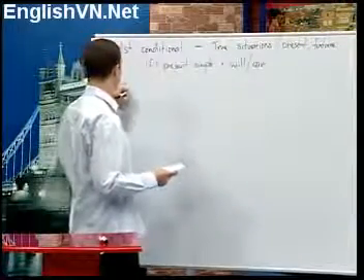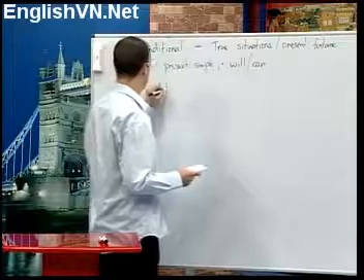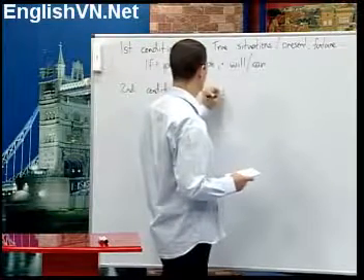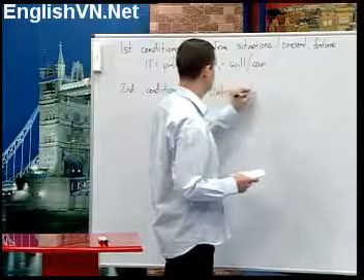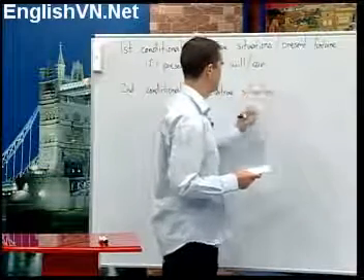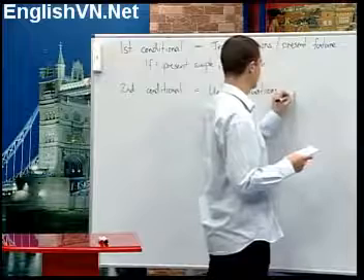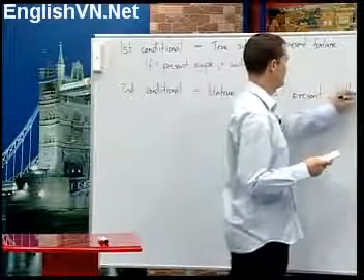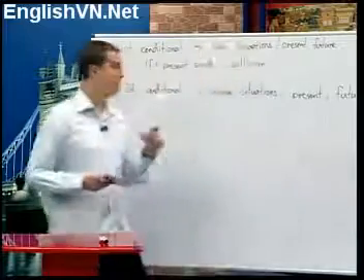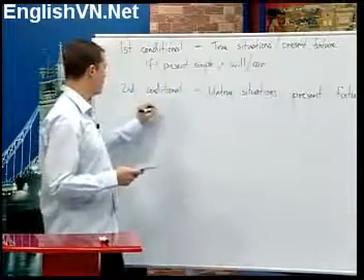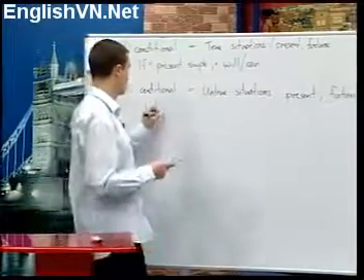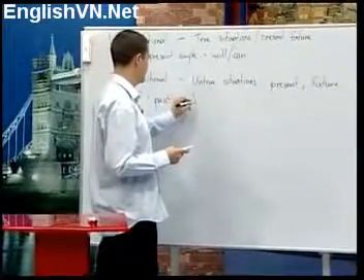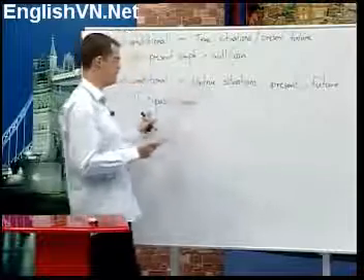So second conditional, this is used for untrue situations in the present or the future. Okay, in the if clause, we use if plus simple past, past simple, and comma if it's the first clause.